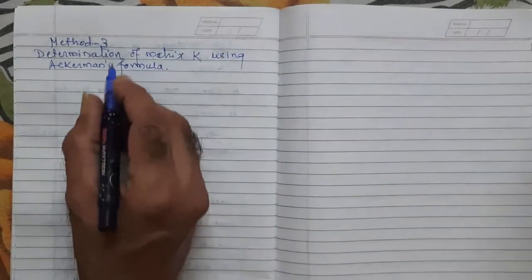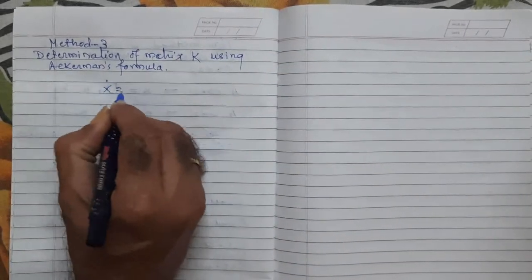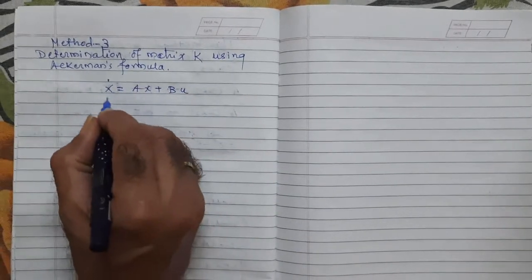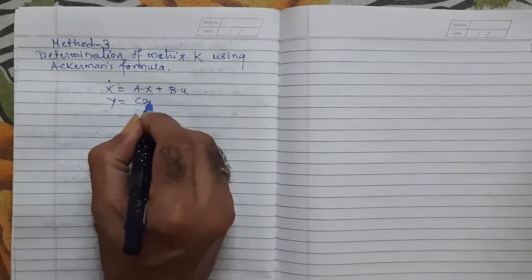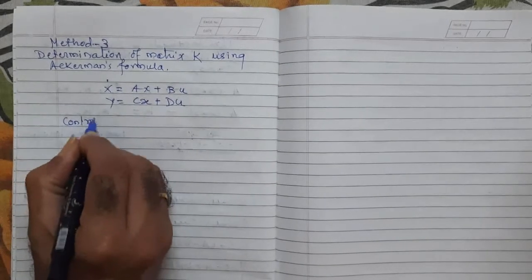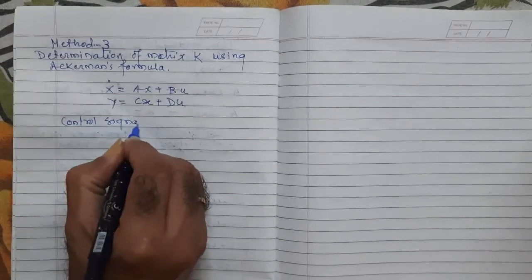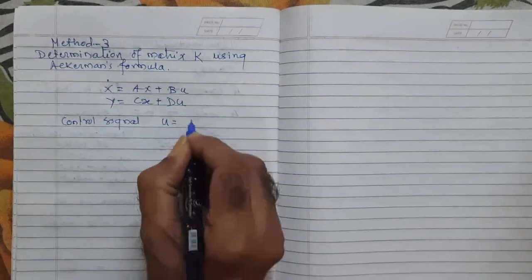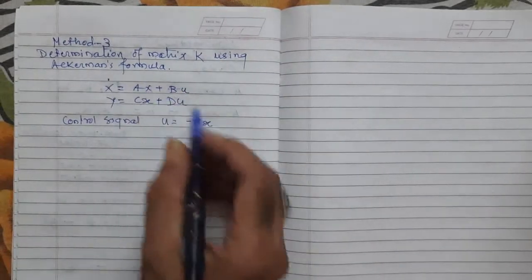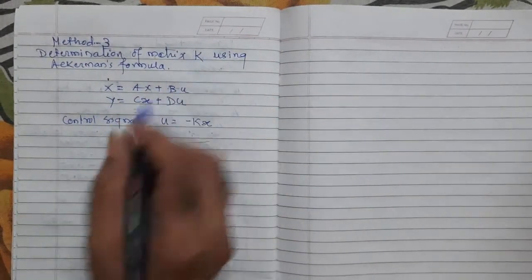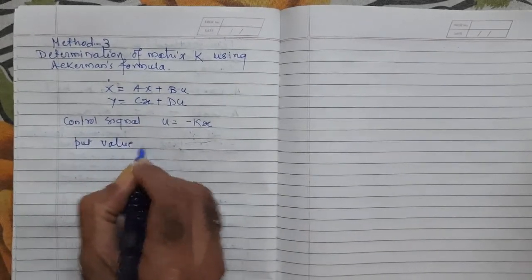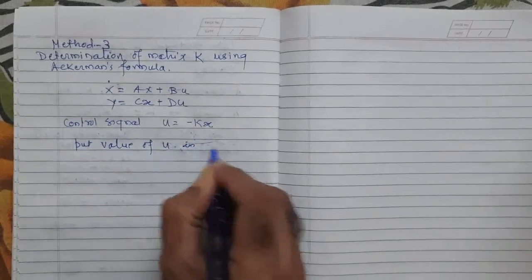Here also we have the same system, that is x dot equals ax plus bu, and y equals cx plus du. Our control signal u equals minus k into x. Now we will put the value of u in x dot.